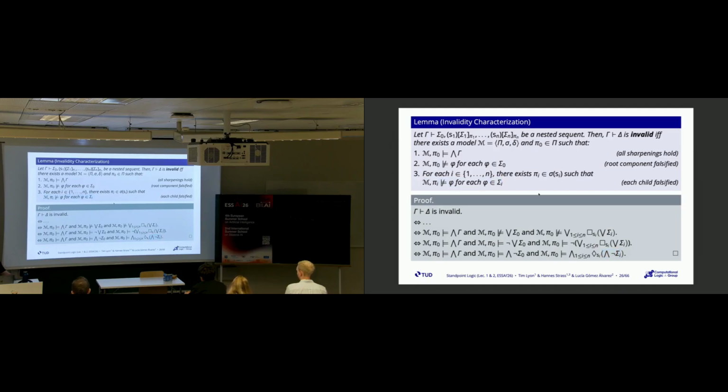Okay? So this lemma is telling you how to read nested sequents directly by means of models in the semantics. Are there any questions on that? Okay.